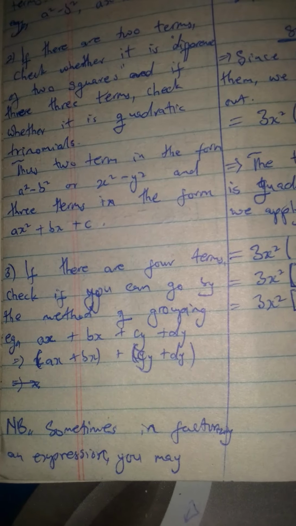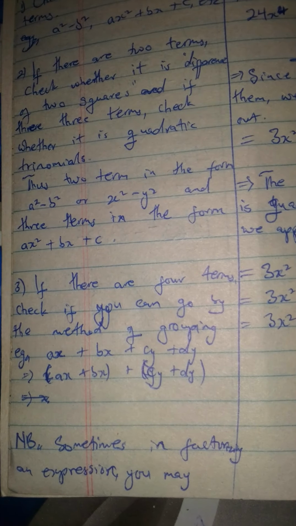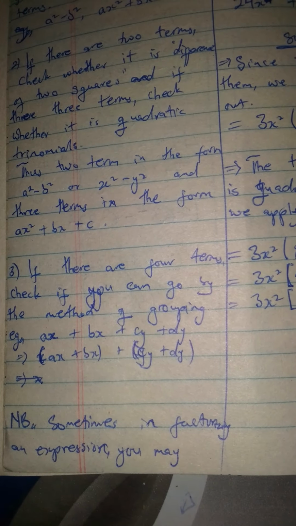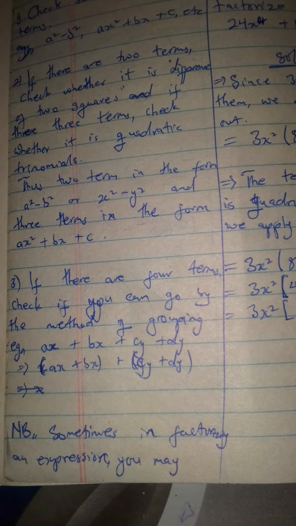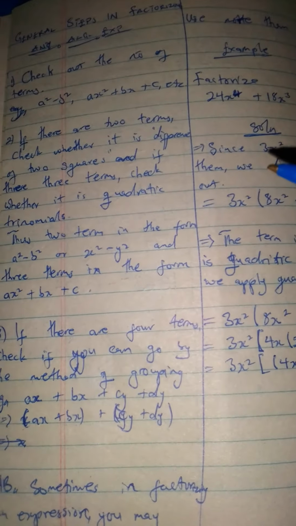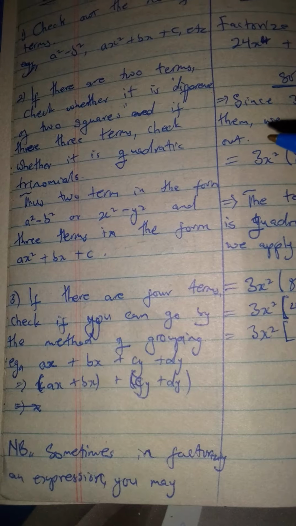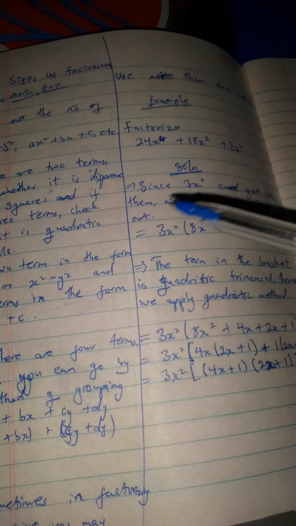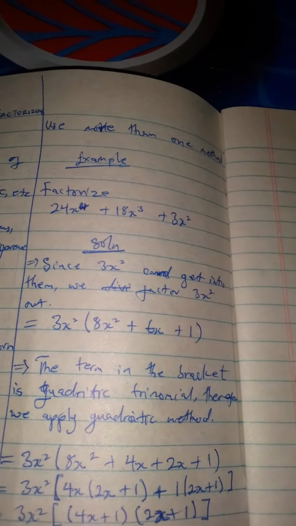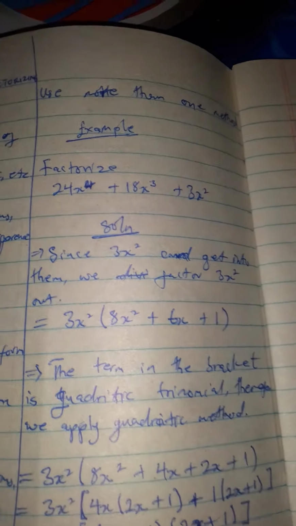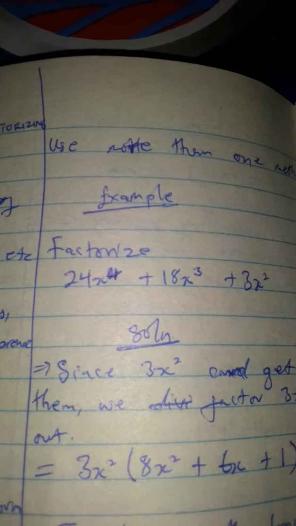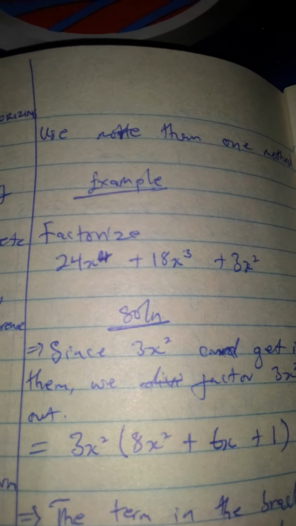Then what you need to note most is that sometimes in a factorization expression you may use more than one method. You need to know you may use more than one method, and when it happens that way, don't say this question is wrong.